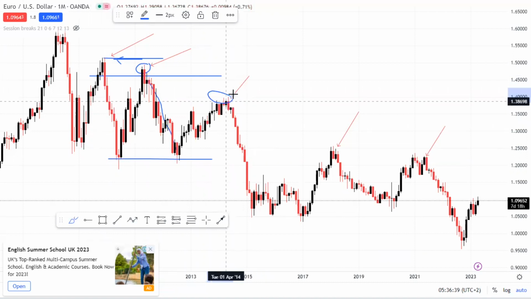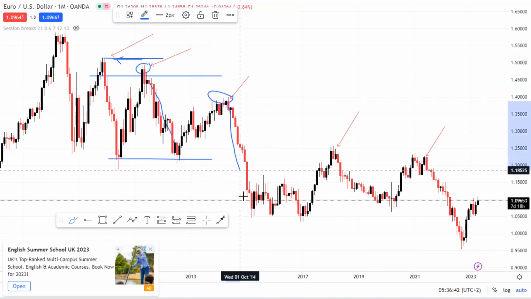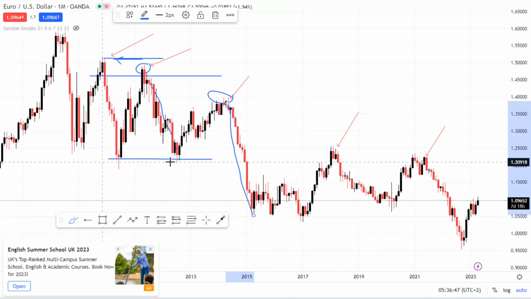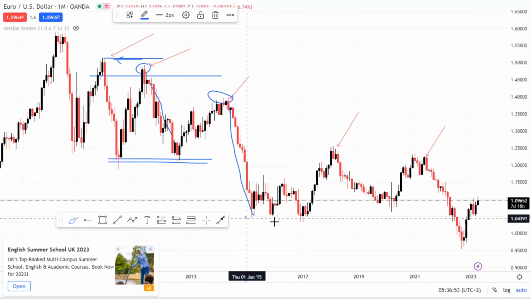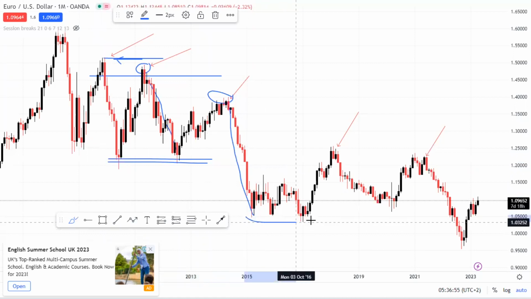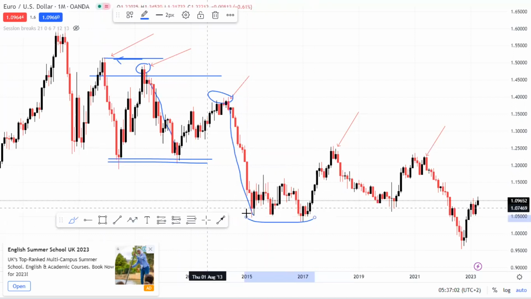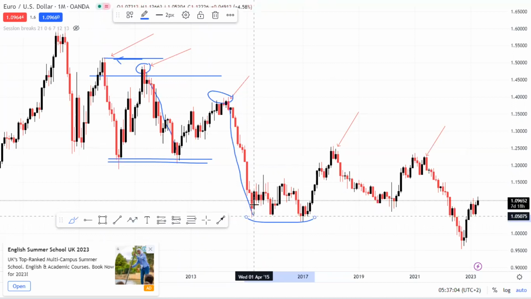Why? Because this resulted in an impulsive move lower, so bearish expansion downwards, resulting in a break of a key structural area. So this now gives us a formation of a lower low. How do we know that this was then validated as a lower low?